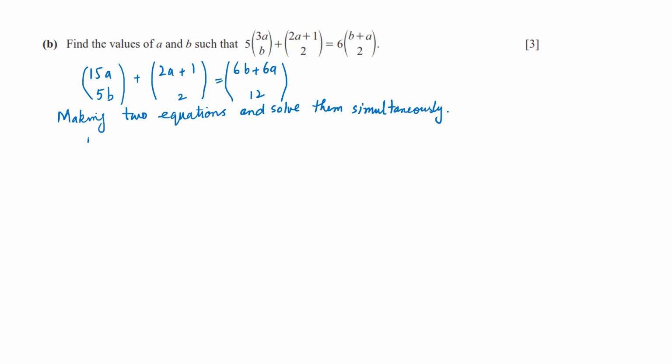The first case, simplified, is 15a plus 2a plus 1 equals 6b plus 6a.